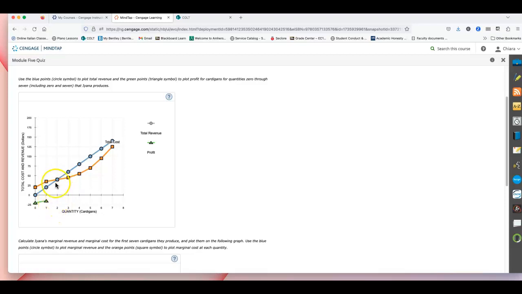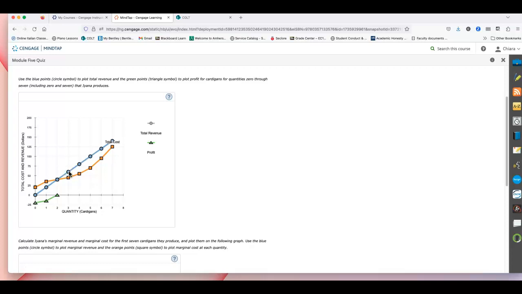At 2 cardigans, my total revenue was $40, and if I move this a little bit, I can see it. My total cost was also $40, so here my profit is going to be 0 on the number 2. At 3 cardigans, my cost is 45, and my revenue is 60. I'm starting to make a profit.